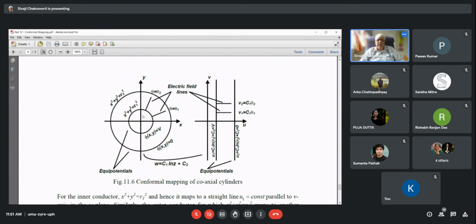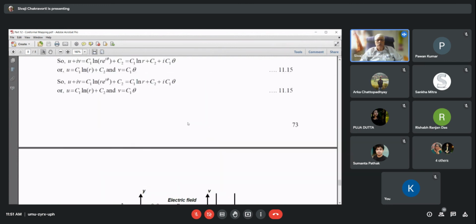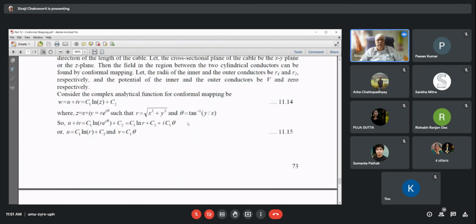So they will be transformed to this W plane following the conformal mapping, which means that the equipotential and field lines should maintain 90 degrees on the mapped plane. I will show you now that we always start with a function f(z).